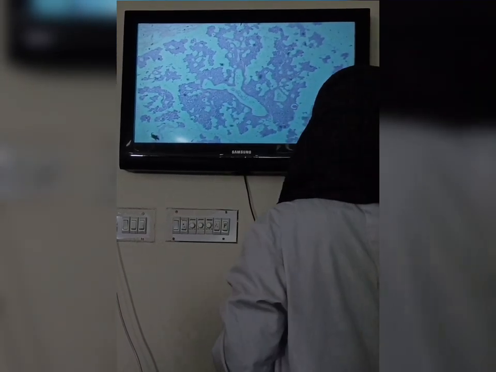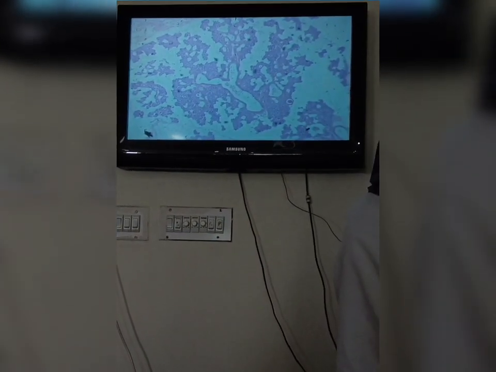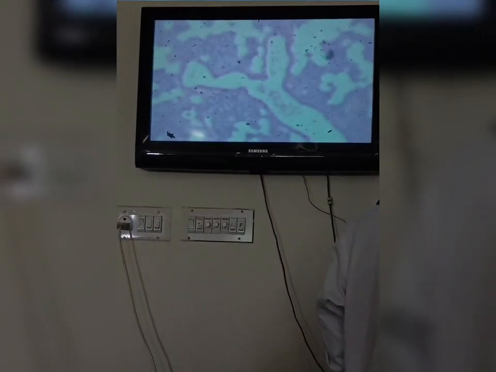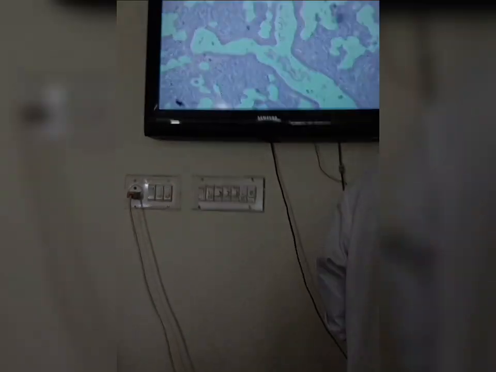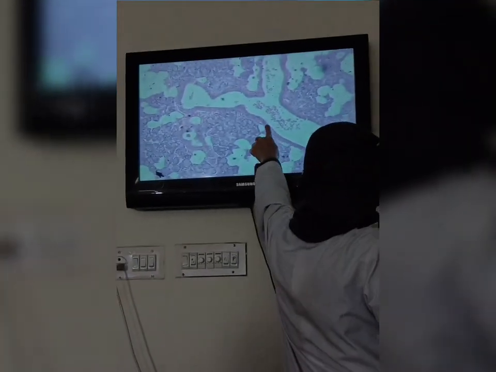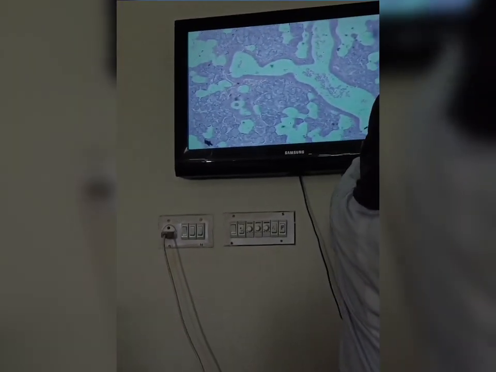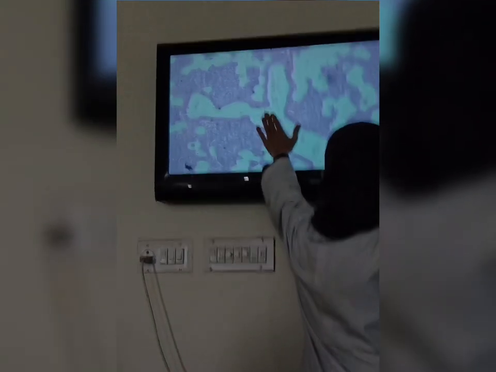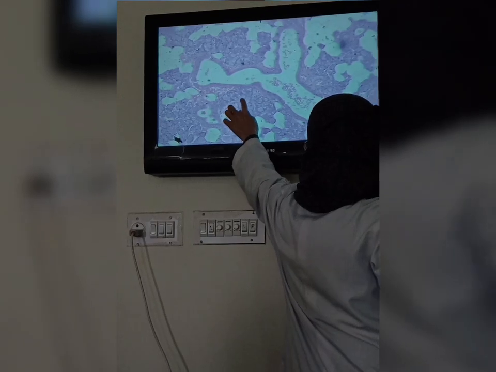Now change it towards the 10x to make the image clearer. Now this is the larger duct intervening, and you observe that it is lined with simple cuboidal to low columnar epithelium, and these are the serous acini, very close together, just like a bunch of grapes.